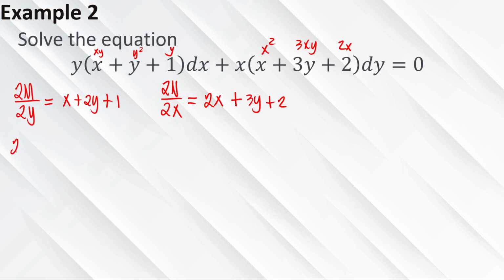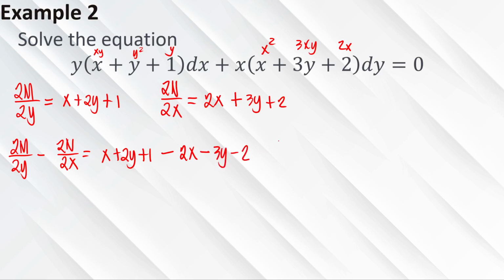So, pag pinag-subtract natin, the partial derivative of m with respect to y minus the partial derivative of n with respect to x, we have x plus 2y plus 1 minus, i-distribute ko na kagad yung negative sign, 2x minus 3y minus 2, which is equal to negative x minus y minus 1, or that is negative x plus y plus 1.